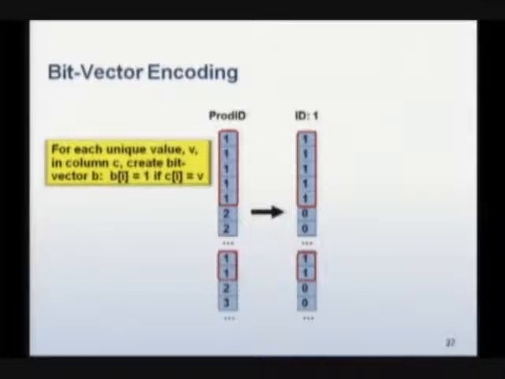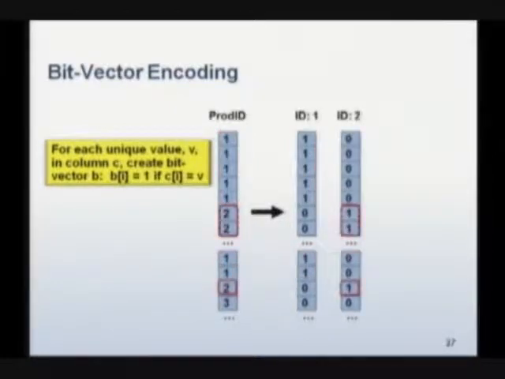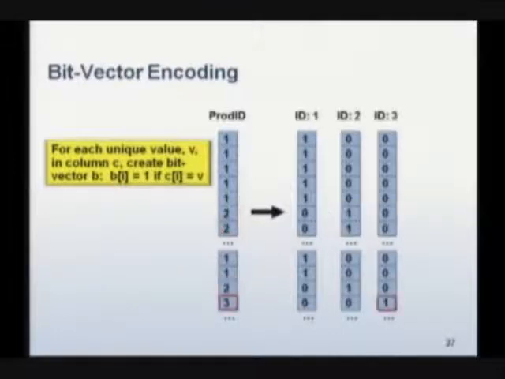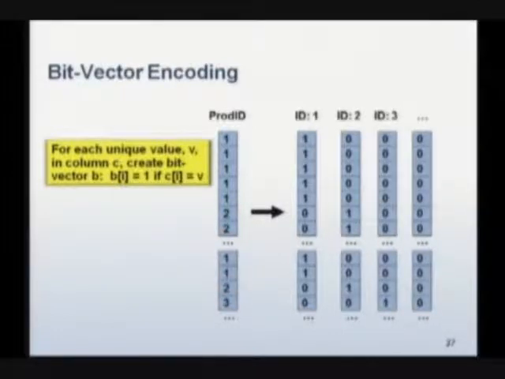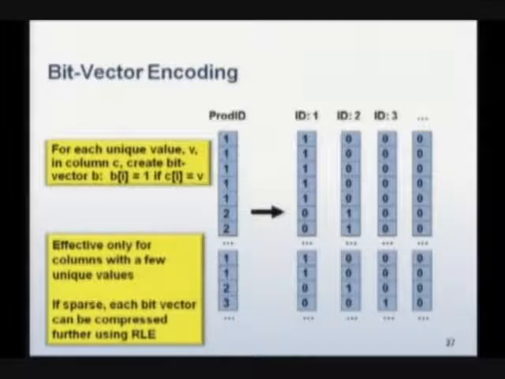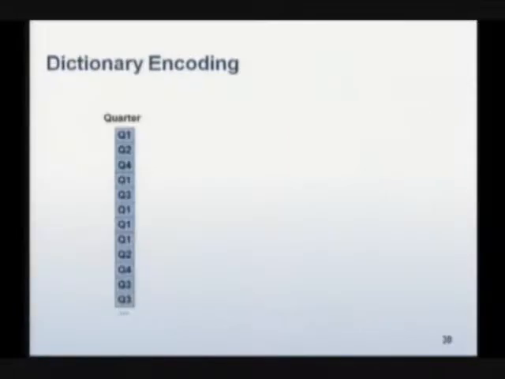I'm going to create a bit vector for product ID 1, for product ID 2, and the bit is turned on if the product ID is equal to that value for that particular position in the column, and then 3, etc. That's a second technique, and it's pretty effective if the column only contains a few values. Once you've done bit vector encoding, you can apply run length encoding to those bit vectors to squeeze out the zeros. So that's another compression technique that a lot of column stores employ.